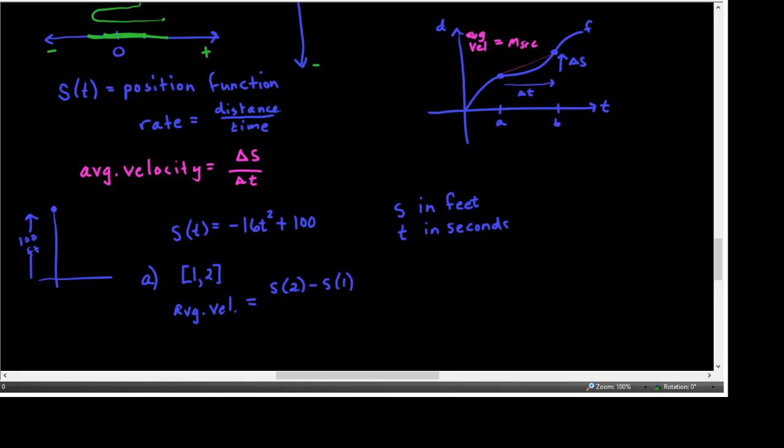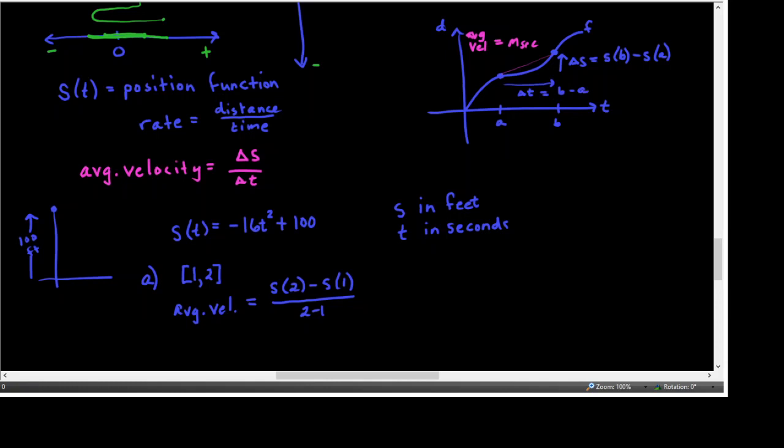This change in position is the position at the later time minus the position at the earlier time, divided by the elapsed time, which is 2 minus 1. This delta t is b minus a.